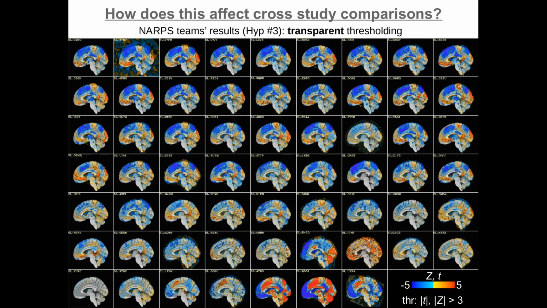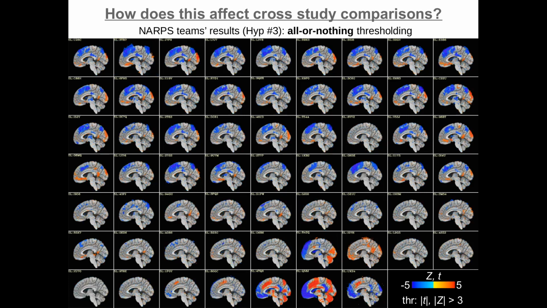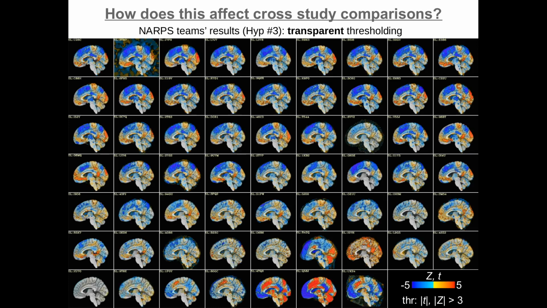So again, this choice of opaque thresholding, which the field currently tends to adopt, actually tilts you toward thinking that there's high variability and irreproducibility when the reality of the situation, using more informed results reporting, is simply that that is not the case, that it's variability of strength.